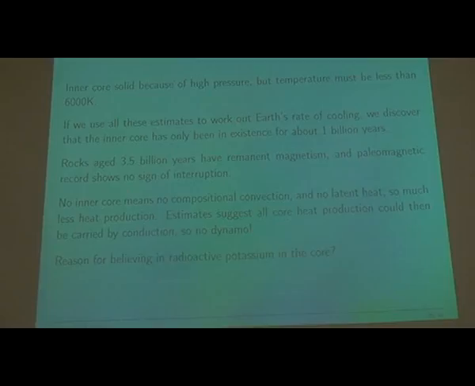You've got no light material being released, no latent heat, that 4 terawatts, very useful, coming right at the bottom, stirring up, making sure you're getting convection at the bottom. That's all switched off as well. So there's much less heat production. And most of the estimates suggest that all the core heat production could then be carried by conduction, so there's no dynamo.